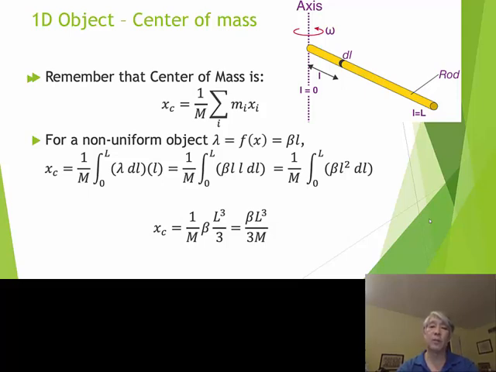So I have the integral from 0 to L of beta L squared dL. Actually integrating it, we find that the center of mass is going to be located at beta L cubed divided by 3m, whatever that happens to be numerically speaking.